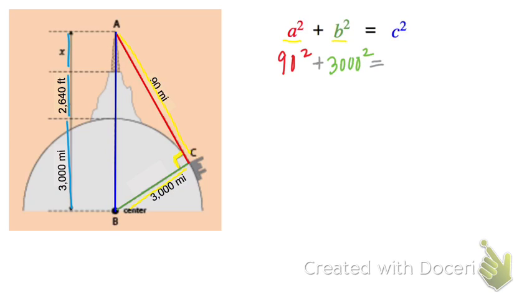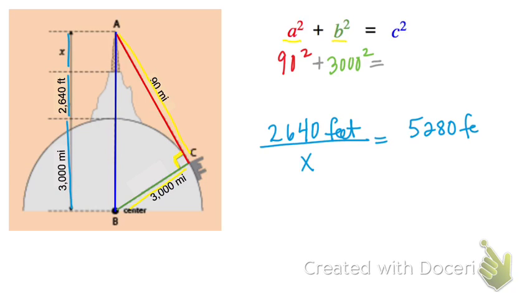So I look at the red and green line and see those are in miles. So I'm going to convert everything so it's in miles. So I need to convert this 2,640 feet into miles. We don't know how many miles. I'm going to use the fact that 5,280 feet are in 1 mile.